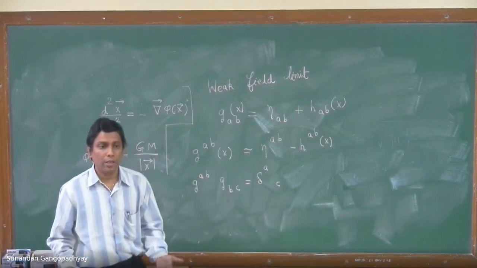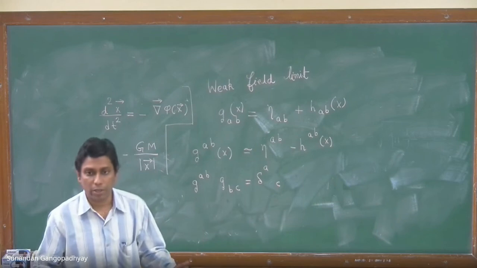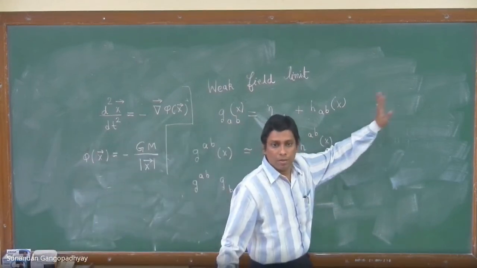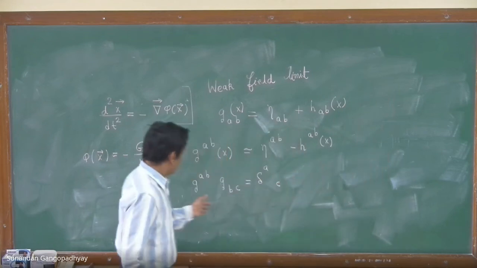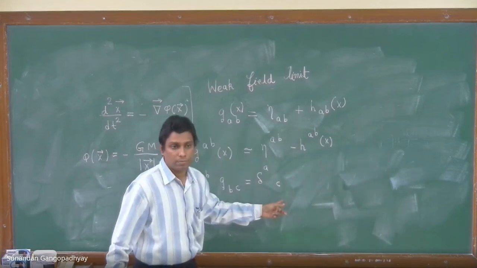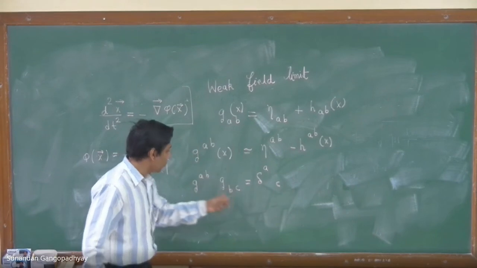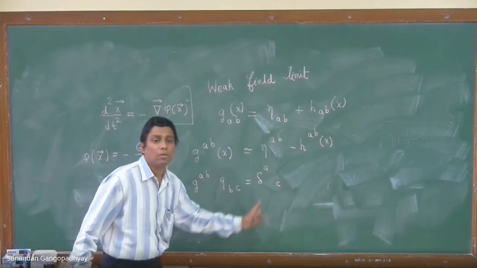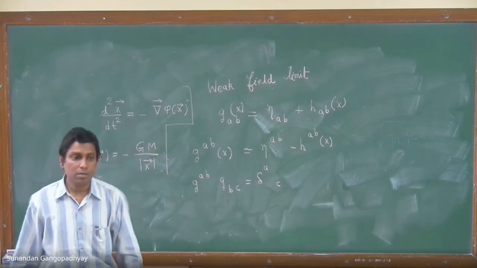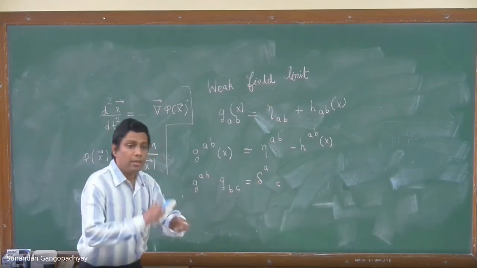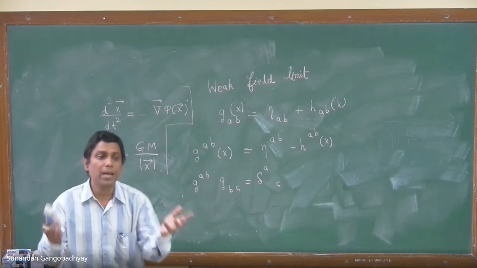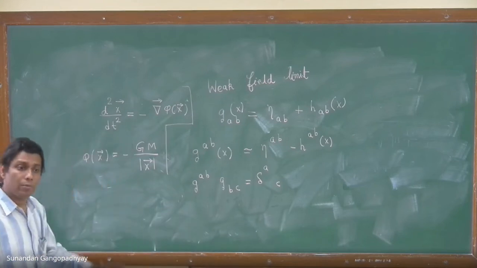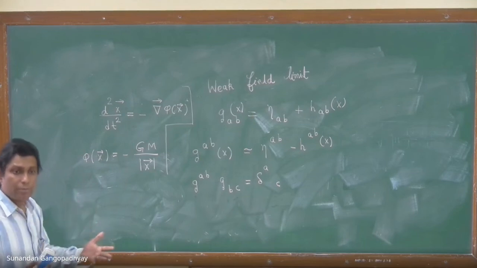Whichever order you are working, you could have worked up to order h squared also, this must be true. What does this tell you? If you contract these indices, this must be the delta, because this and this are inverses of each other. So this must be the identity matrix. It is independent of whether you are working approximately or exactly.